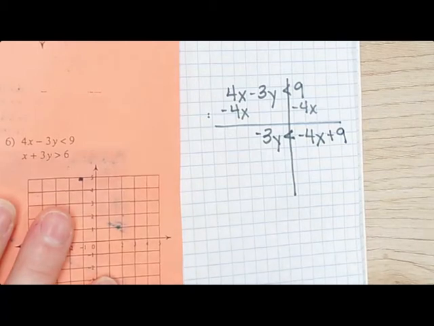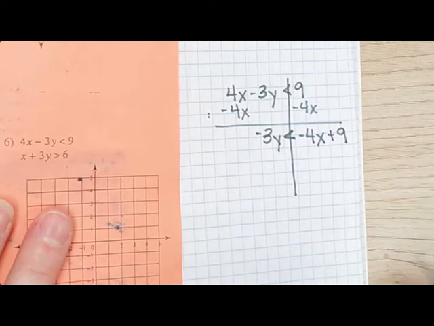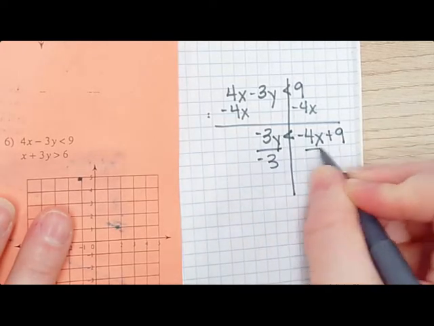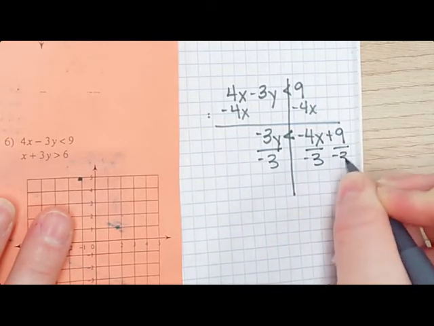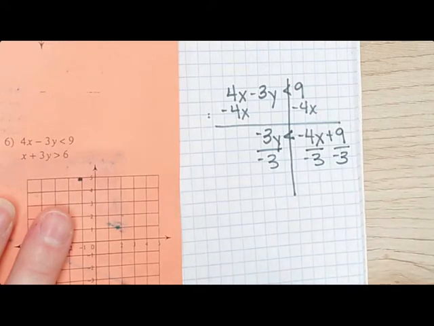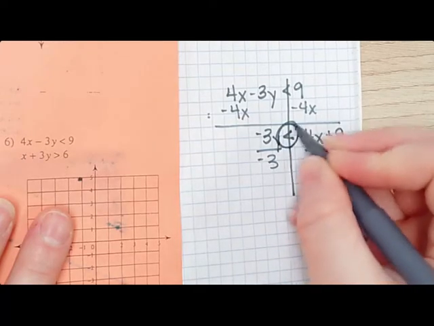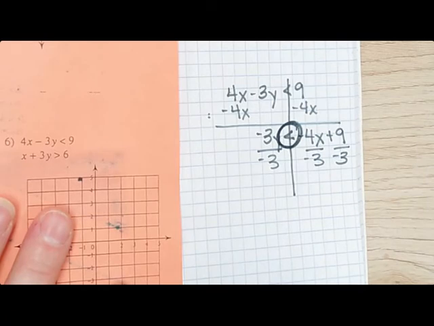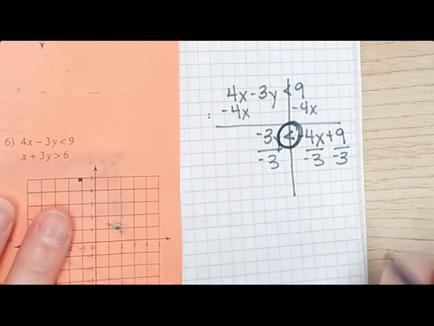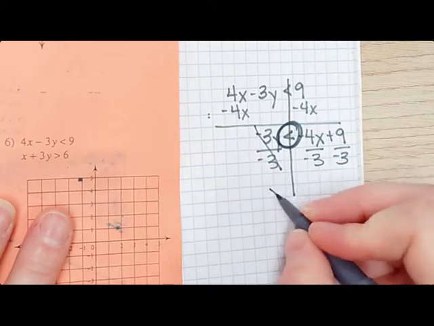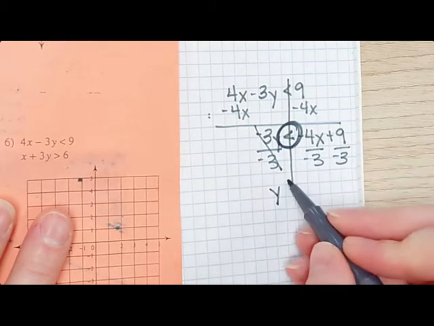Then Kinsey, what do I need to do? Divide by -3. When I divide by -3, what do I have to do? Change that, circle it. Jaden, pay attention. So y is, instead of less than, now greater than.